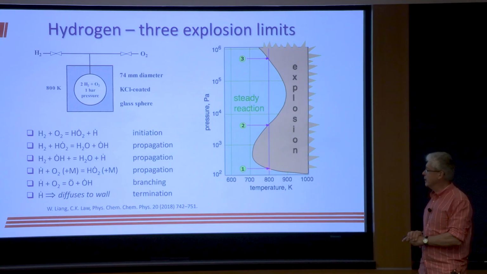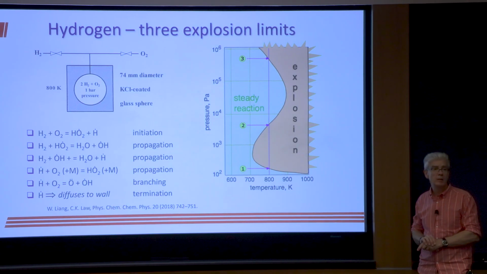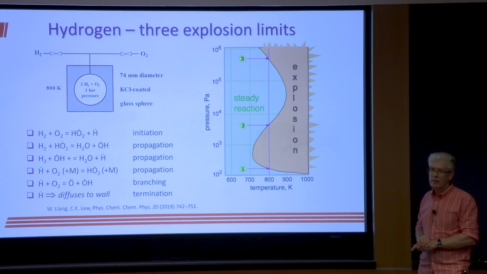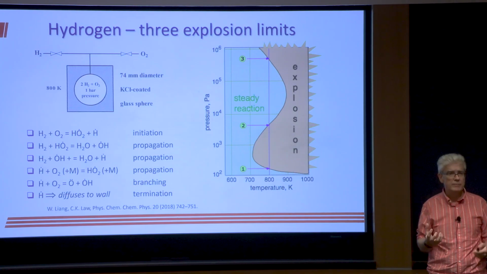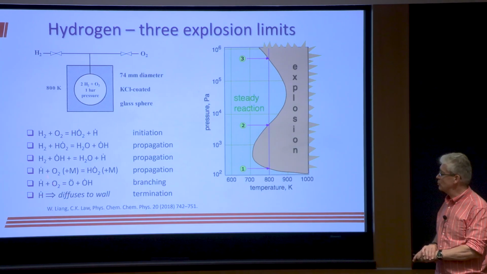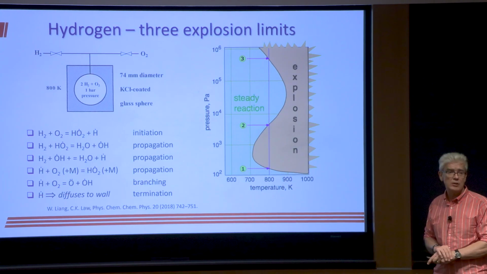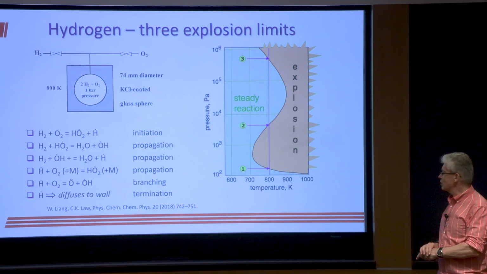So what's happening in this regime here? We're at such low pressure that the H atom that's produced in this sequence of reactions diffuses to the wall. It doesn't meet the other species.